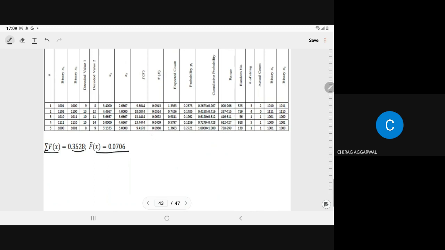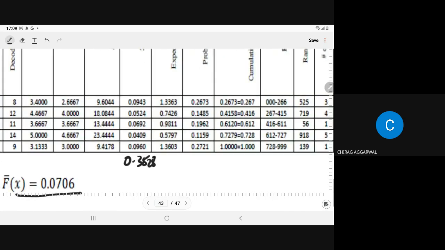Actually it is very small, so for that I have taken it in two slides. So this is 0.3528, right? Now here we compute the expected count. Expected count is f upon f bar. So here we get the expected count. Now we compute the probability. Probability is f upon summation of f.